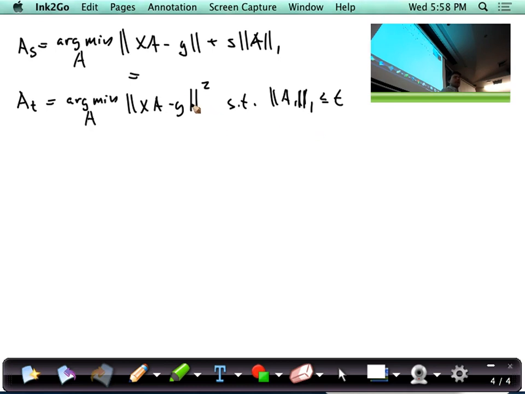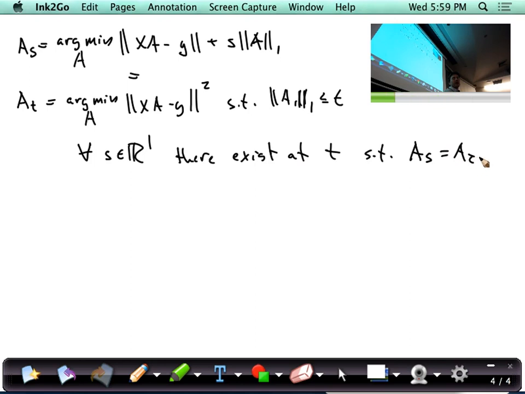Okay? It turns out these two are equivalent, meaning for every value of S, the solution A_S, so there's this property: for all S in R, there exists a T such that A_S equals A_T. Right? So for every value S, there exists another parameter T that gives me the exact same solution. Okay?